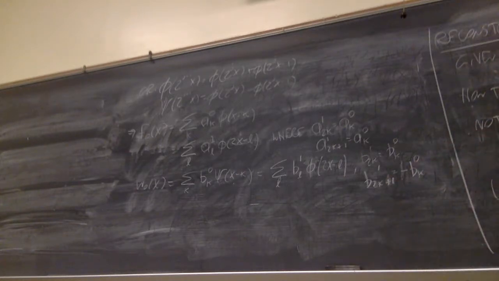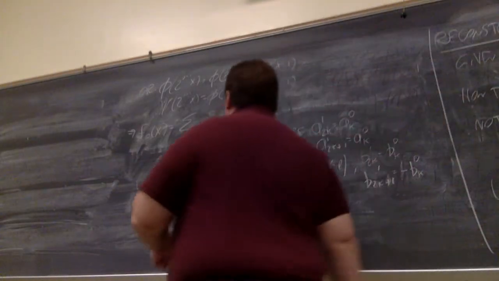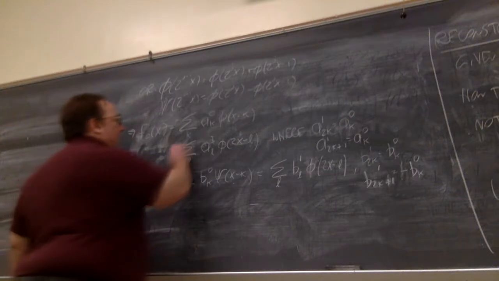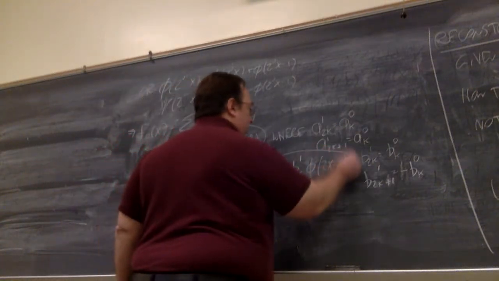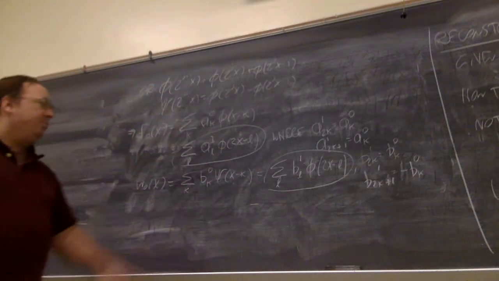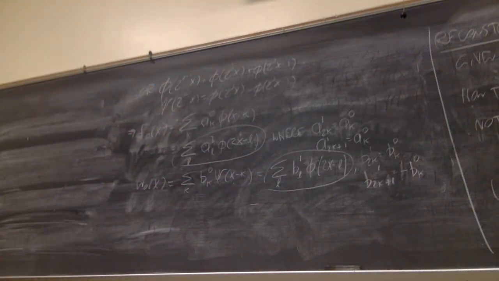Okay. So now what I can do is I have f naught now in this form and w naught in this form. Notice they're both combinations of exactly the same functions.